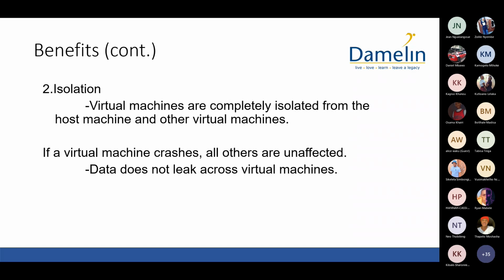But if you're comparing with type 1 or full virtualization, there we have actual full isolation, where there are no possibilities for impacts or collisions between the different guest operating systems. So if a virtual machine crashes, all the others are unaffected. Data does not leak across various virtual machines.